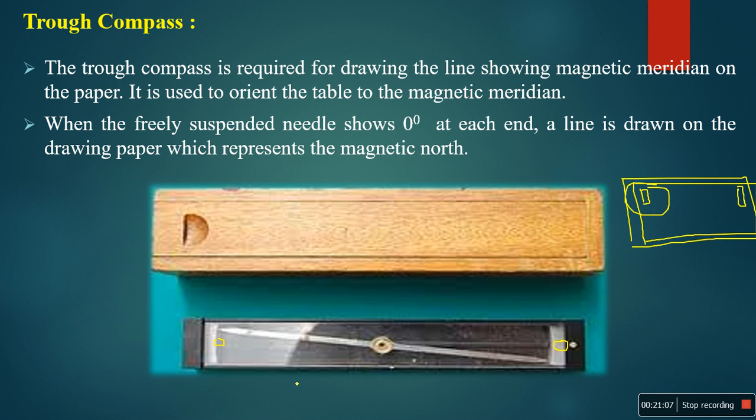Then you have to mark a line like this and show the north line. Why are we doing this? Because orienting means the field lines will be parallel to the lines on the drawing sheet. That's why we are using the trough compass. This is called a trough compass.